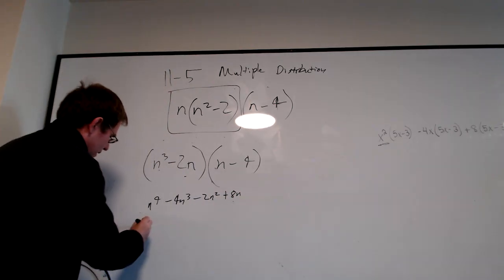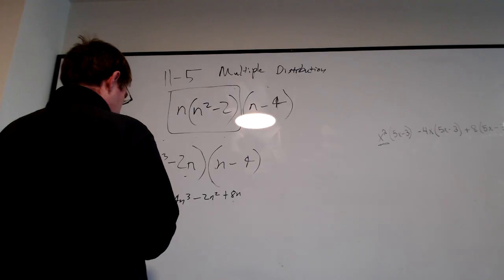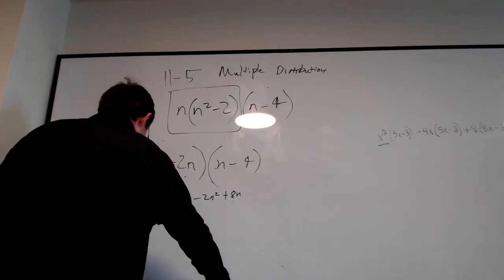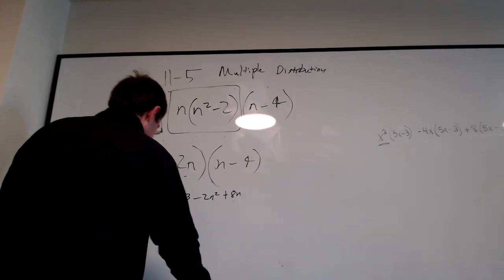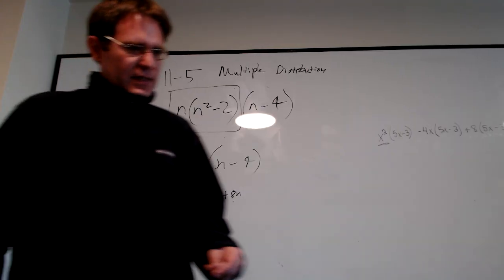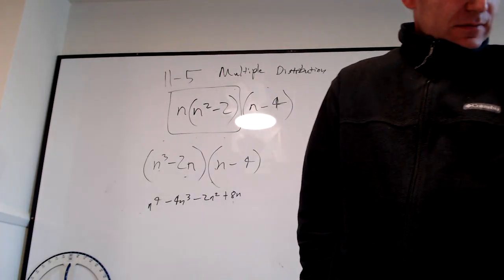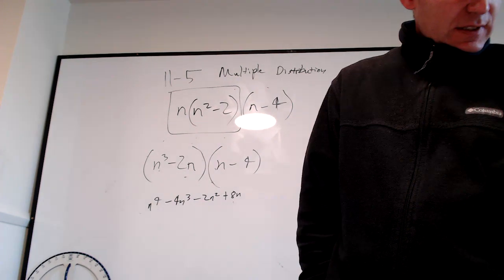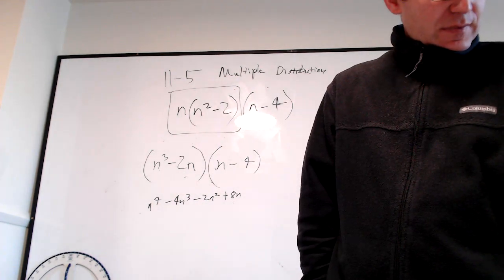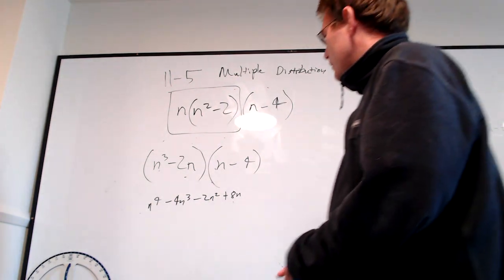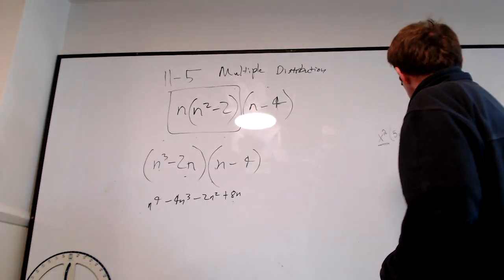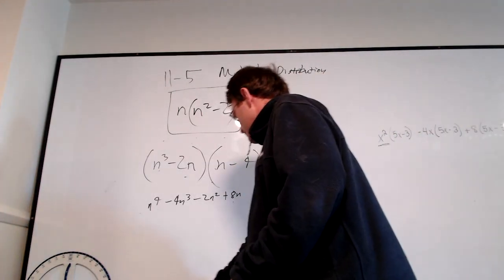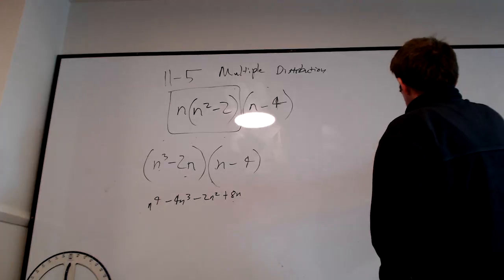Okay, so that's going to equal... That's it. Yeah, I think that is it. So n to the fourth minus 4n to the third minus 2n squared plus 8n.